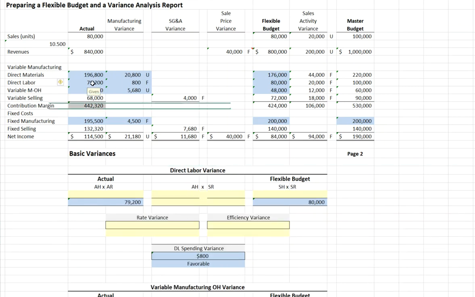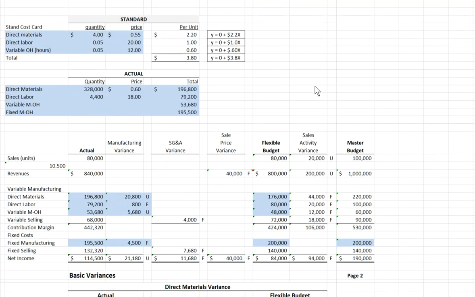We'll explore the difference between the $79,200 actual direct labor cost and our flexible budget amount of $80,000, and so on. In evaluating these variances, we'll make use of our standard quantities allowed. This should be 4 pounds at 55 cents per pound.